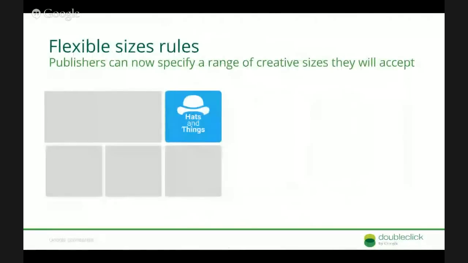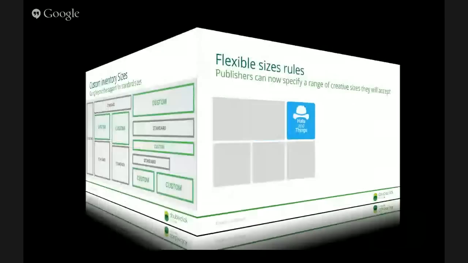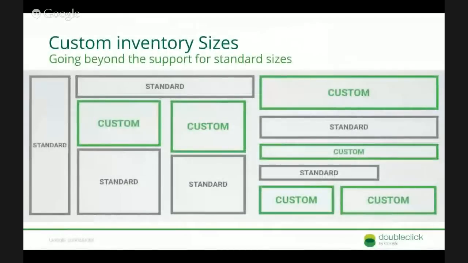So we can first talk about custom sizes. For custom sizes, this feature basically allows a publisher to use whatever size they want to monetize their inventory. As I said, they're no longer limited to one of the 39 standard sizes that we were supporting. They can go into their seller UI in AdX and specify any dimension, any pixel size that they want for a particular ad slot.